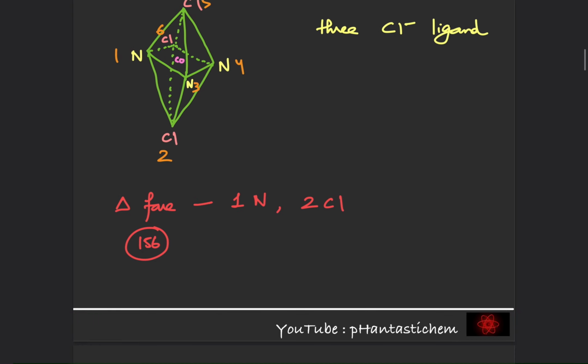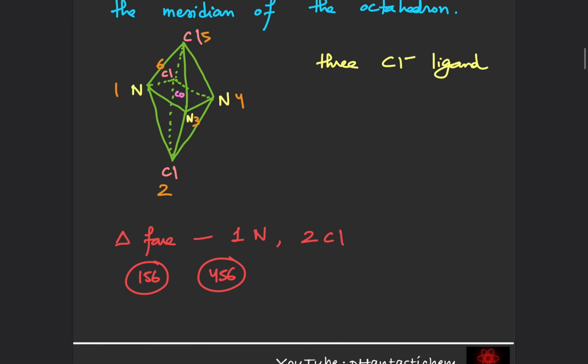Similarly, face 456 has one nitrogen atom and two chlorine.